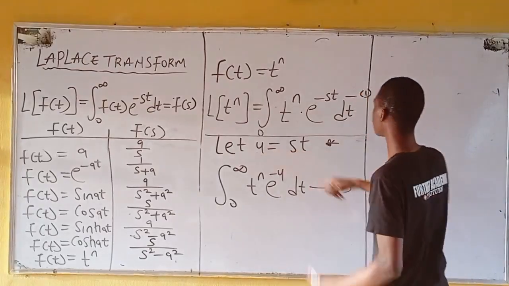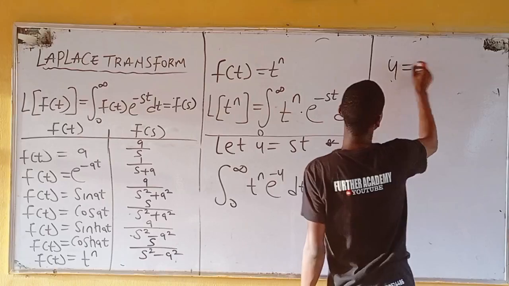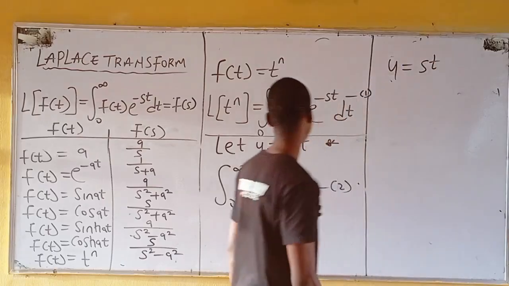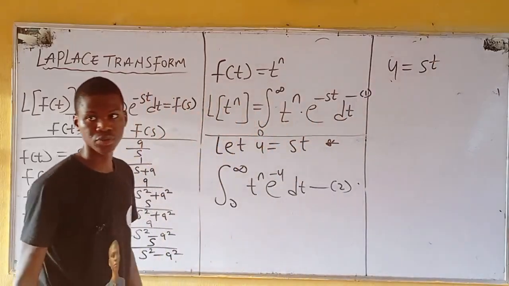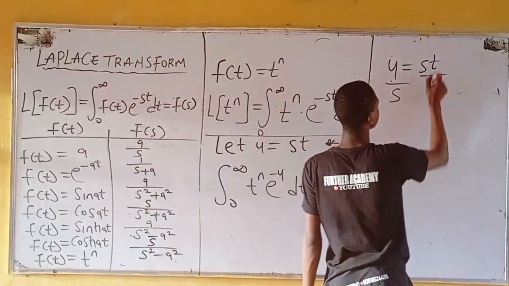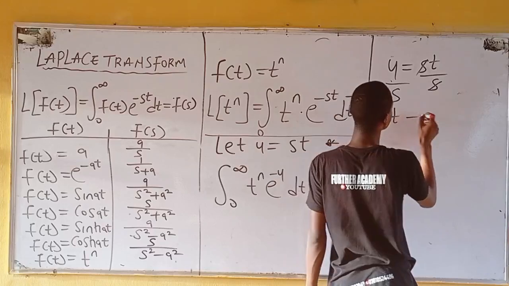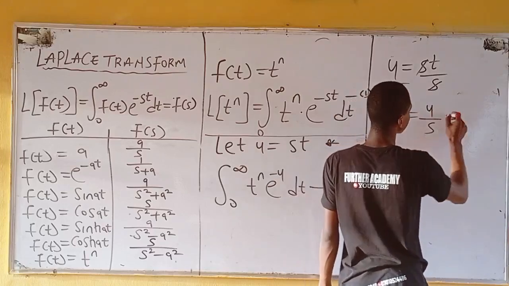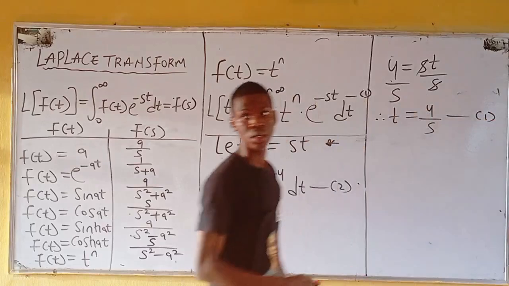From u is equal to st, make t the subject of the formula. Divide both sides by s. Therefore, t is equal to u over s. Let's say this is equation 1, right?